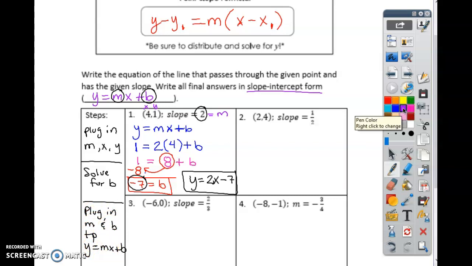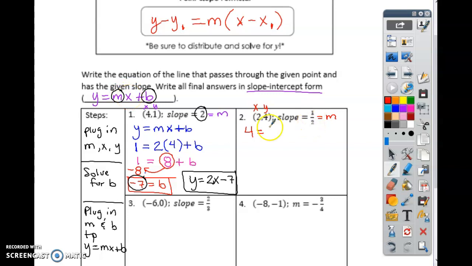This is my x, this is my y. This is my m. Okay, so my equation is y equals, so it's going to be 4 equals my m and my x.